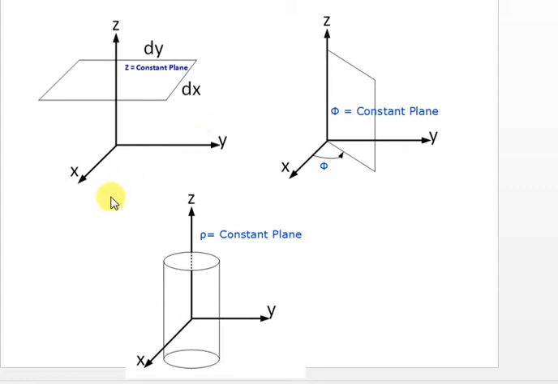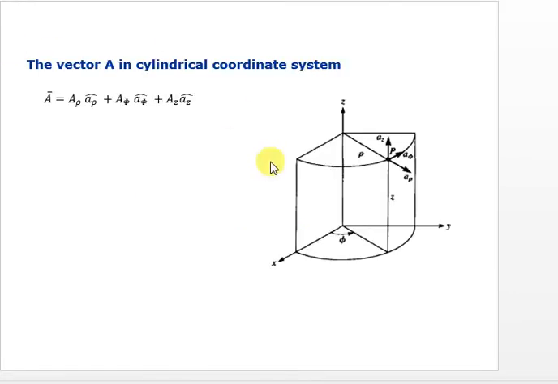So you have to learn which type of planes is used in a particular problem. Basically, these three planes intersect each other at a point P. You can see here, this is the point P where all these three planes intersect.